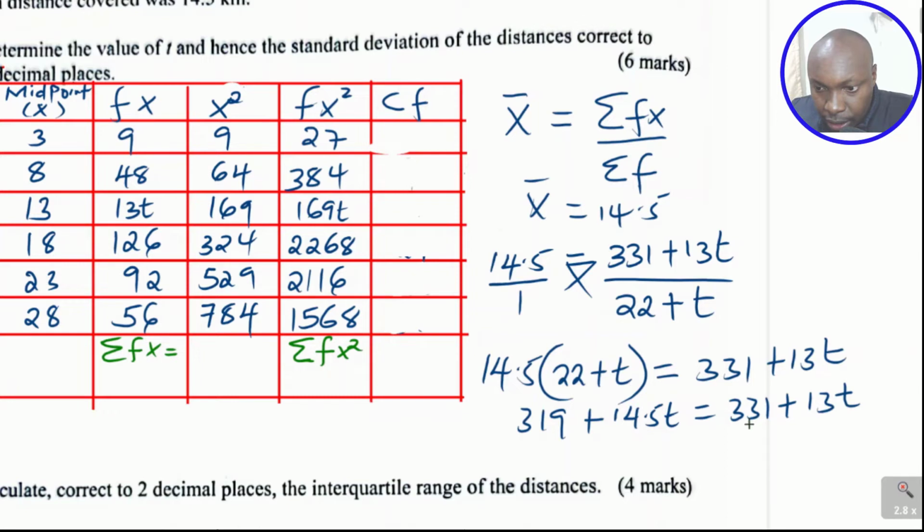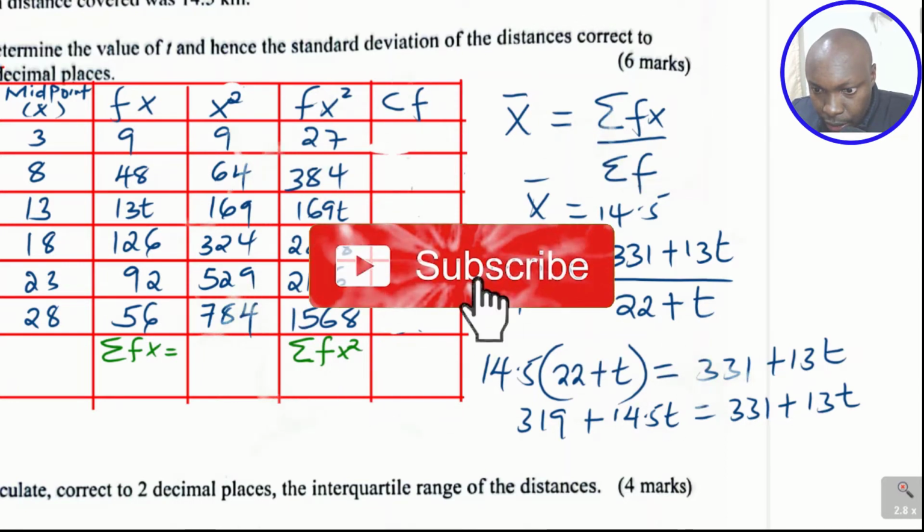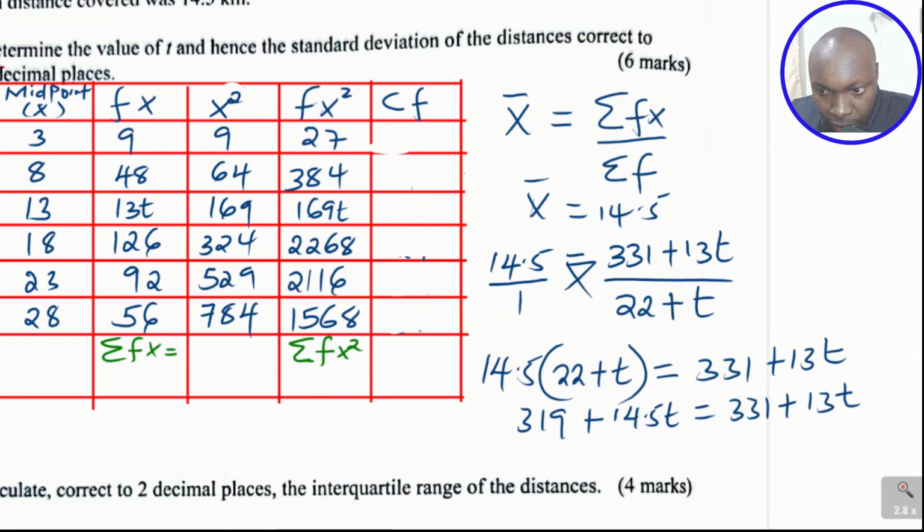So bringing the like terms together, the t's together, you get 14.5t minus 13t. 14.5 minus 13, you get 1.5t is equal to, then 319 you can take it to the other side, so 331 minus 319, you get 12.